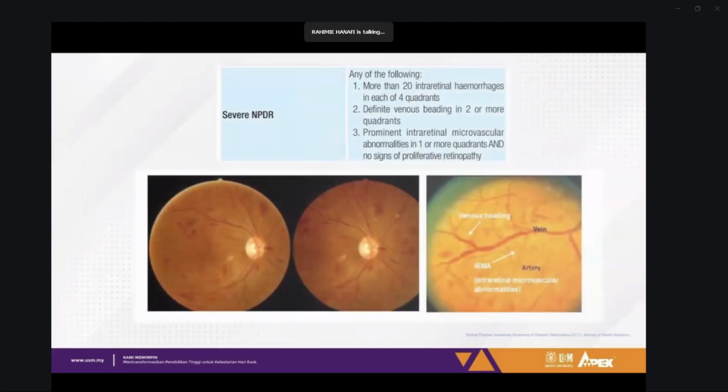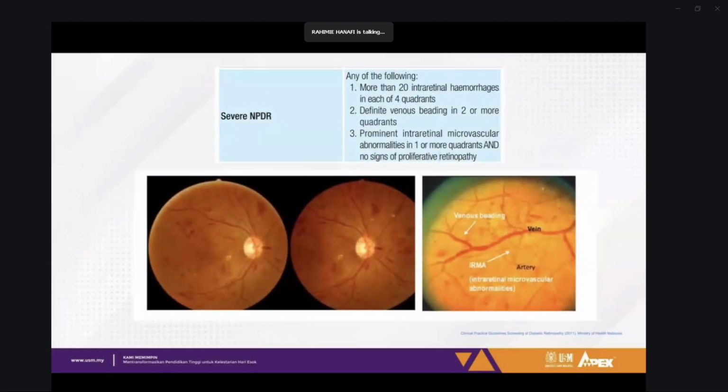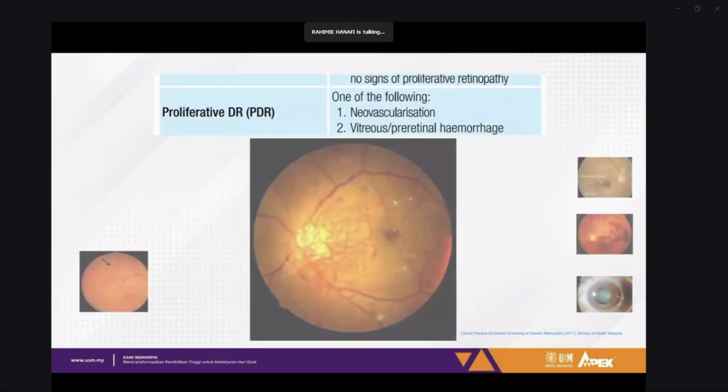For severe NPDR, we use the 4-2-1 rule, which is a patient having more than 20 intraretinal dot and blot hemorrhages in each of 4 quadrants, and presence of venous beading in 2 or more quadrants, and presence of intraretinal microvascular abnormality in 1 or more quadrant, but there are no signs of proliferative retinopathy. Then in this condition, severe NPDR, about 50 to 75% will progress to proliferative diabetic retinopathy.